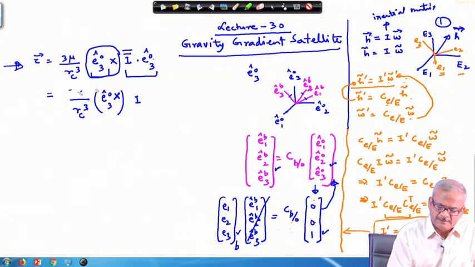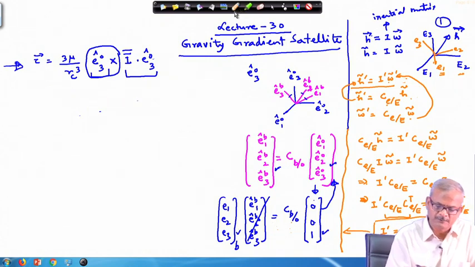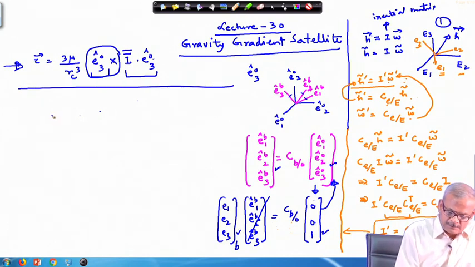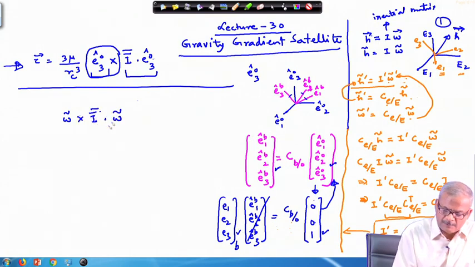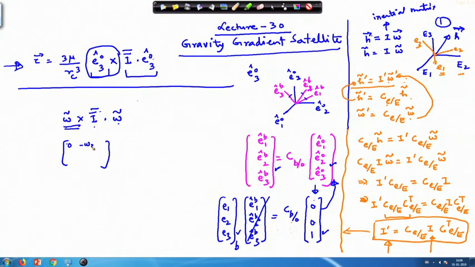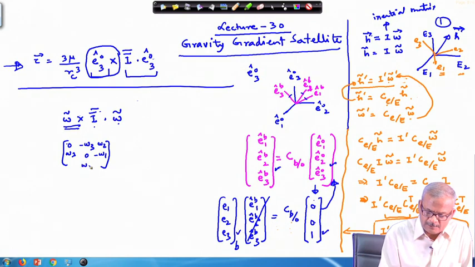Let me express it in some other way. First I will give you a generalized form, and thereafter we will come to this part. Say if I have something like omega tilde, this is a vector, this is a dyadic and this is a vector. You know that this can be written as 0, minus omega 3, omega 2; omega 3, 0, minus omega 1; minus omega 2, omega 1, 0.